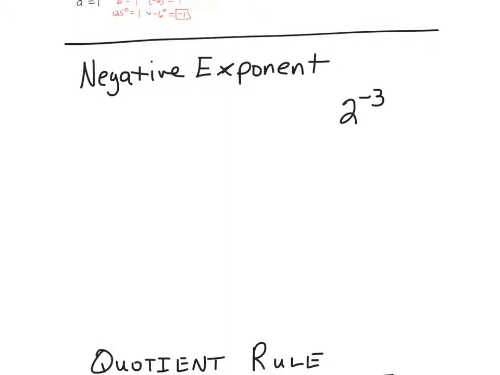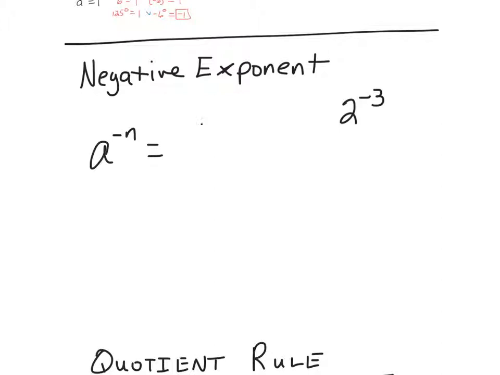I'm going to repeat that sentence that I just said. So if I have something raised to a negative power, to make that exponent positive, I can move that factor to the denominator, and the exponent will become positive.